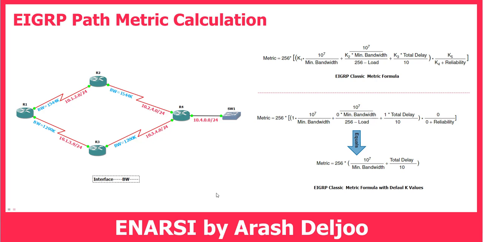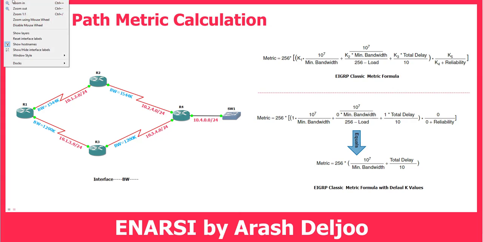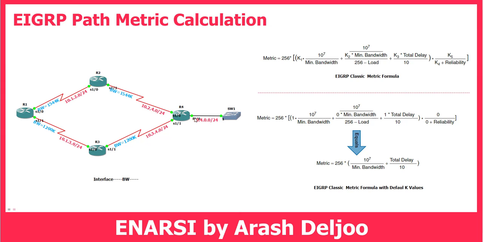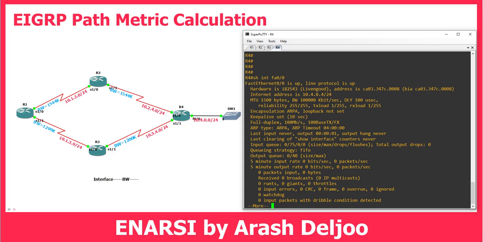This is the bandwidth. Let me show you some of the bandwidths that we have in interfaces. You have learned about the bandwidth previously, but now let me show you some of the interface bandwidths. For example, in router 4, this is the FastEthernet 0/0. The show interface FastEthernet 0/0 command can show us the bandwidth of this interface.